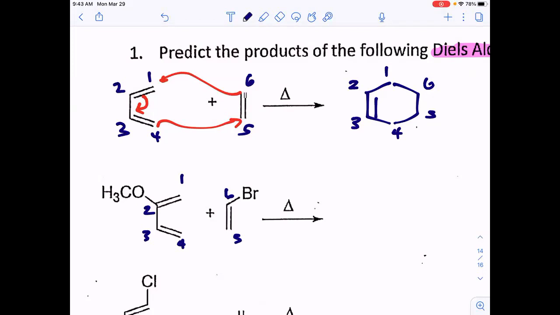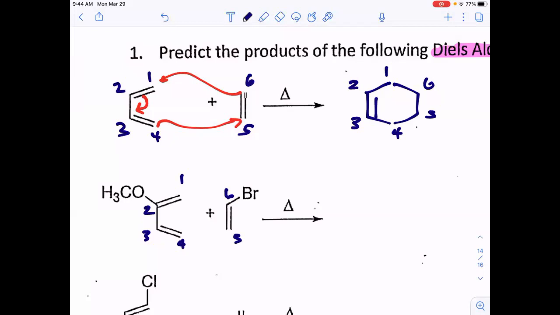Can somebody annotate that screen and put those arrows in?